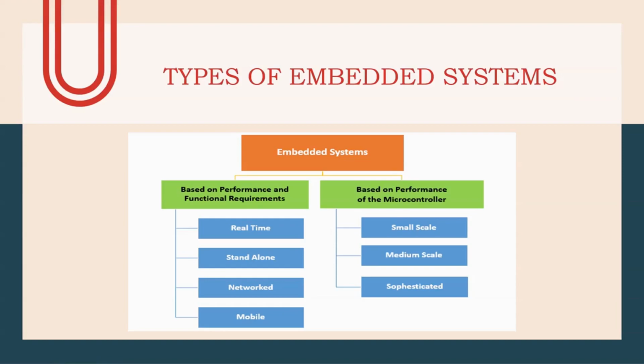And the second is small scale, medium scale, and sophisticated. Small scale is about 16 bit, medium scale is 32 bit, and the last one, sophisticated, is very large and complex, at 64 bit.